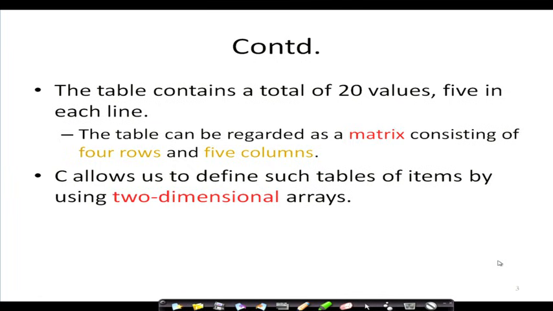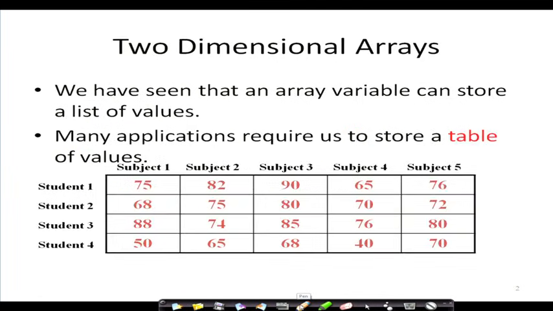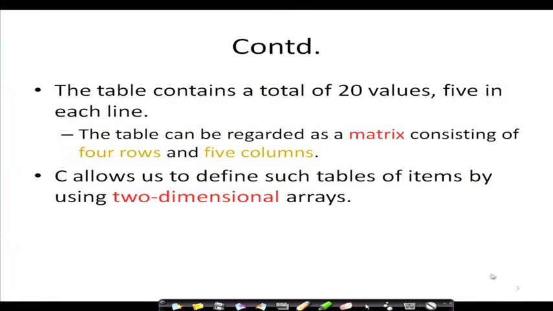The table that was shown here is showing how many elements? 1, 2, 3, 4, 5 into 4, 20 elements, right. So, the table contains 20 values, 5 in each line and it can be organized as a two dimensional matrix consisting of 4 rows and 5 columns.